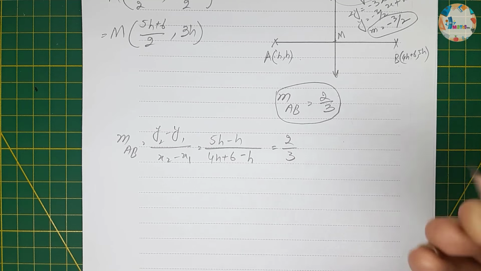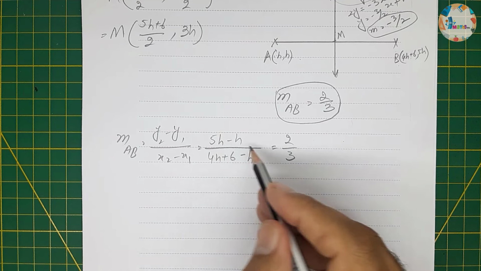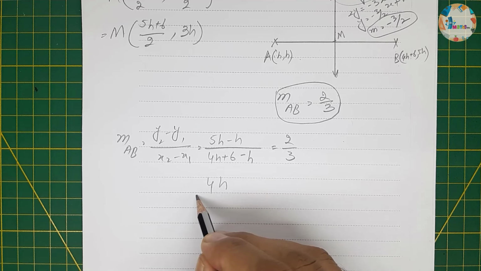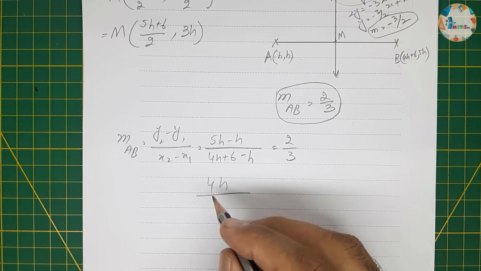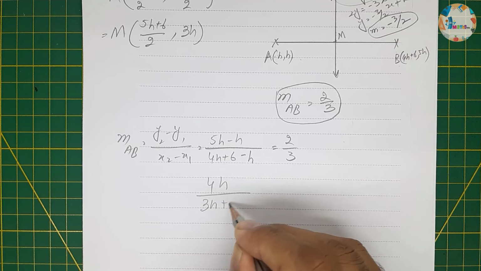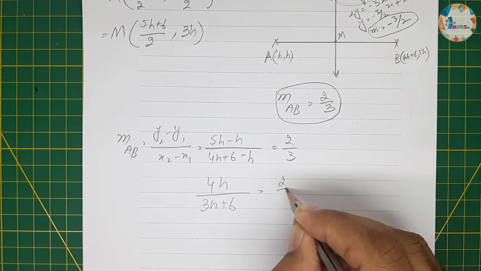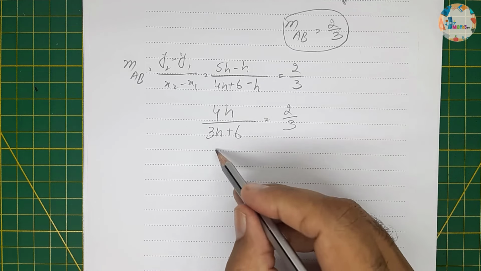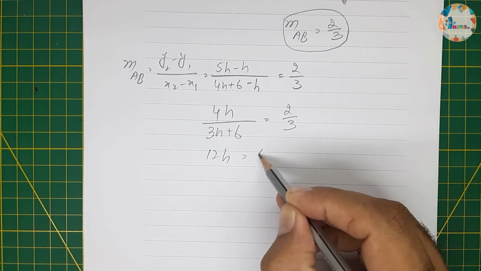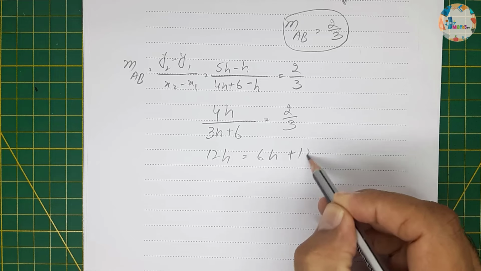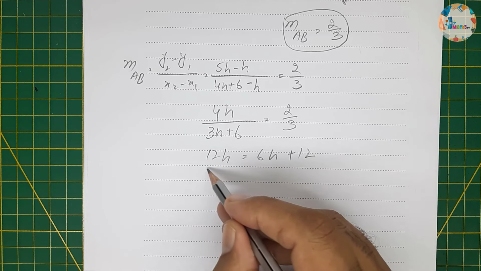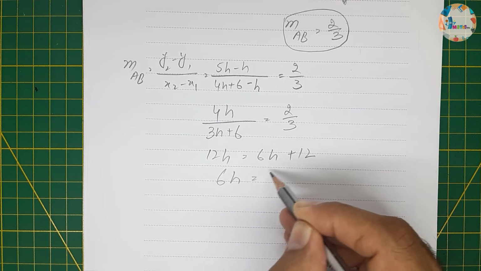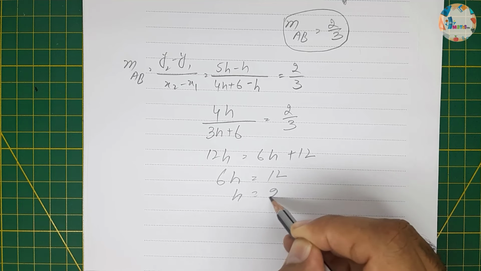So our equation will become 4h over 3h plus 6 is equal to 2 by 3, and now we can cross multiply, so this will be 12h is equal to 6h plus 12, and this will shift to this side, so 6h is equal to 12, so h is equal to 2.